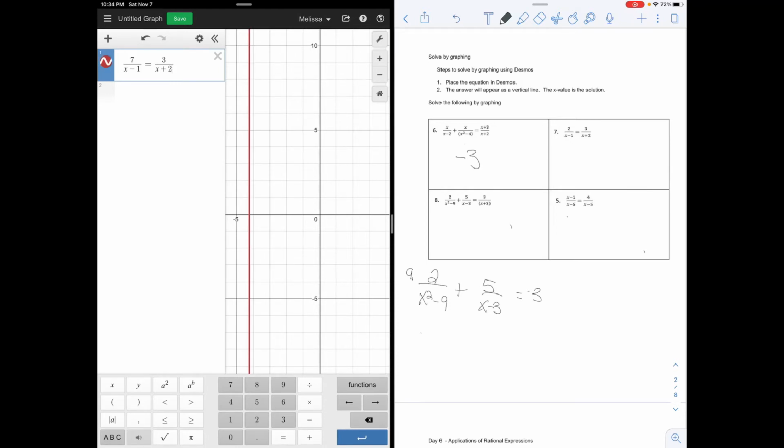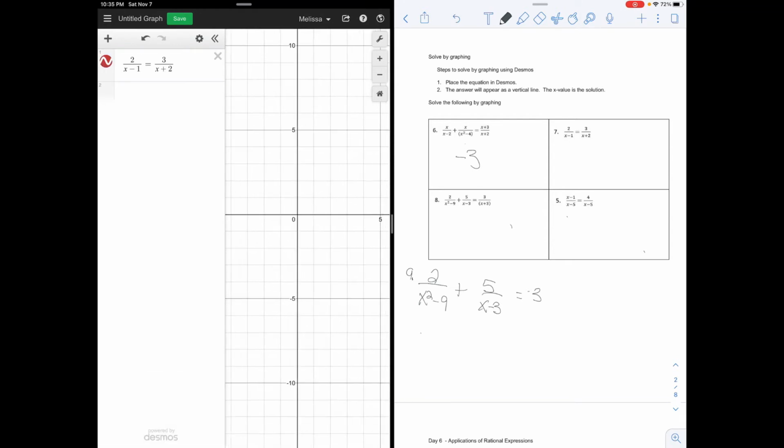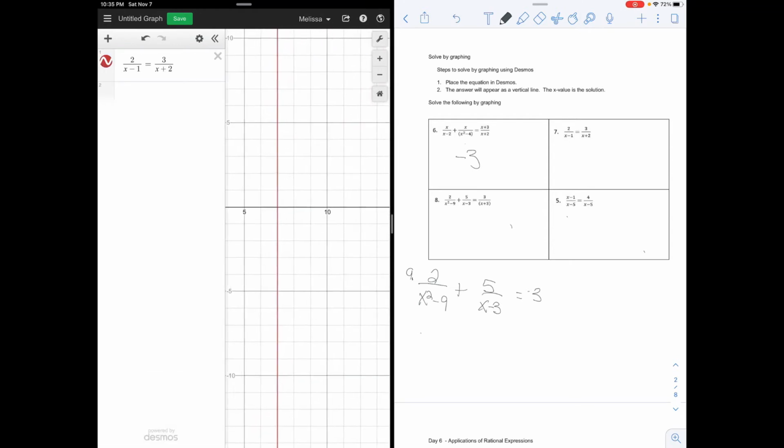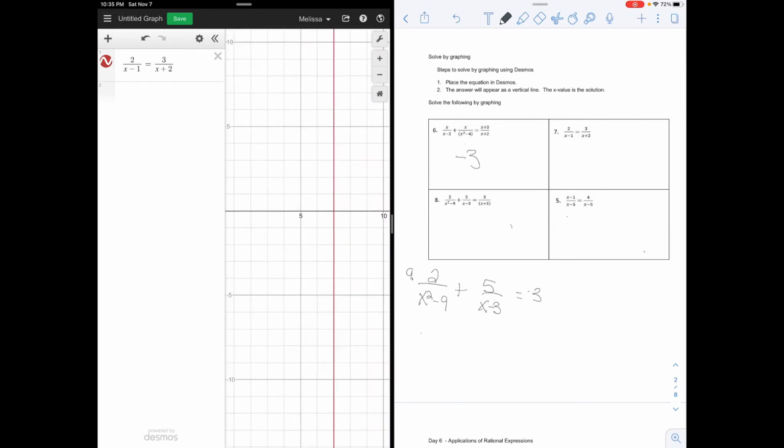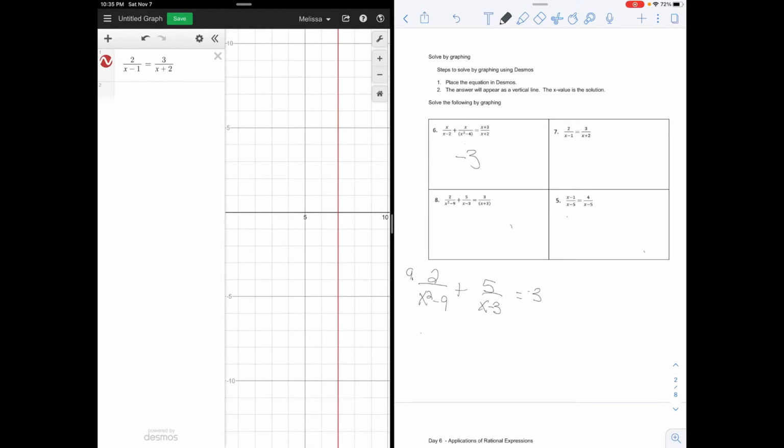And I did something wrong. That should be 2. Sorry. That was 2 over x minus 1. So again, I'm not seeing an answer. So I have to scroll over to see if I can find my answer. And I see that it crosses at 7. The x value here is positive 7.